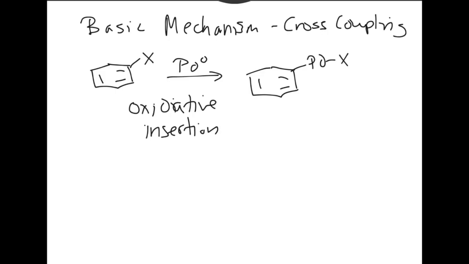Now, there's not a double bond to react with in these reactions. You've got a group that has a metal on it. So instead of having your R1 on a double bond, your R1 is on a metal. This basic mechanism works for tin, magnesium, and zinc, so in this case, Stille, Kumada, and Negishi.